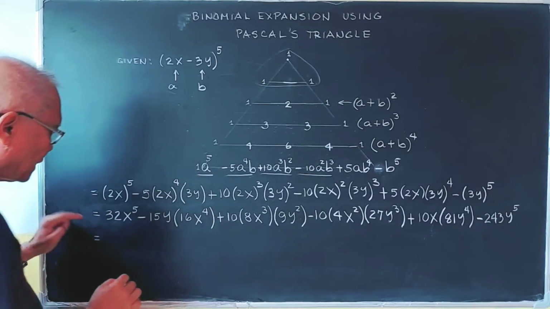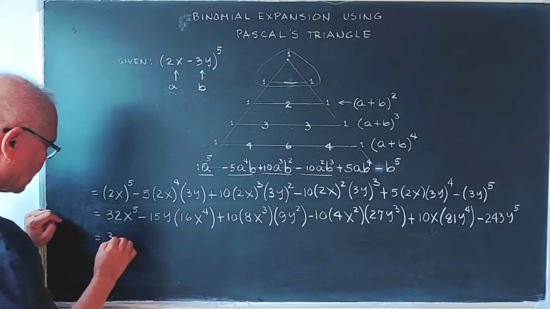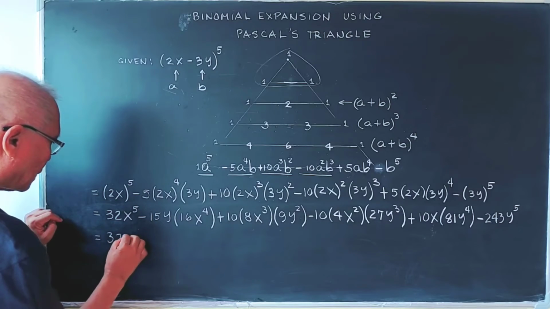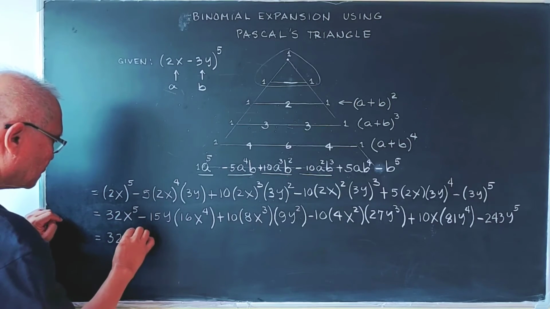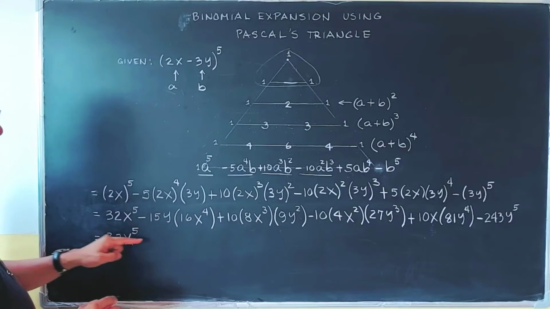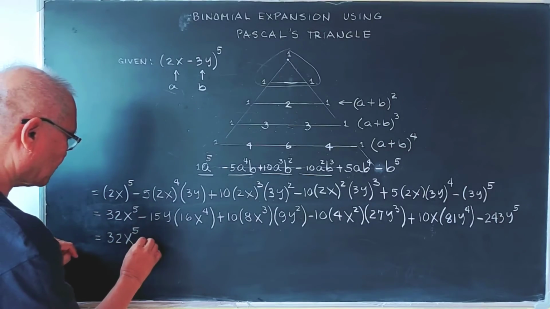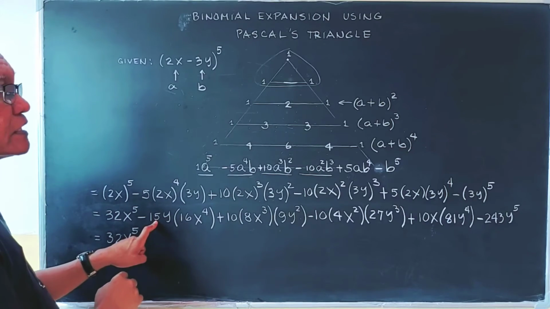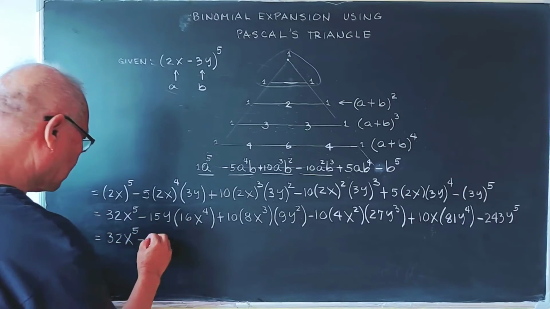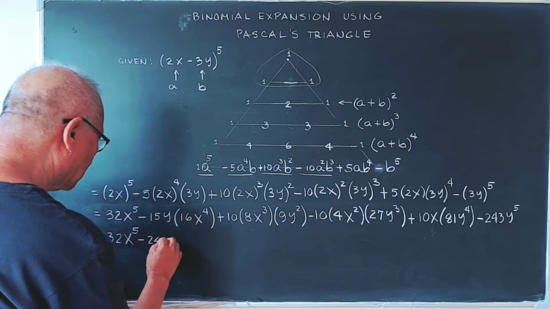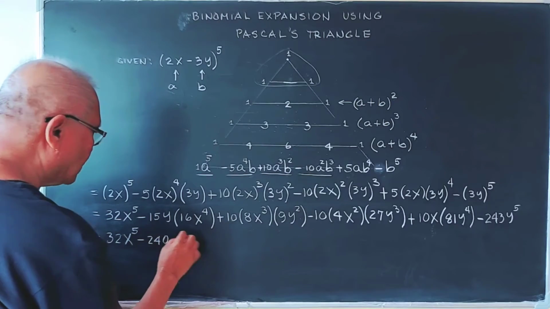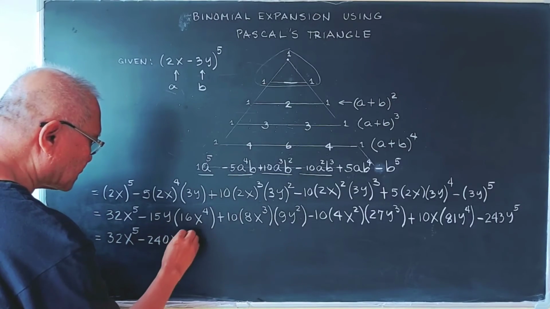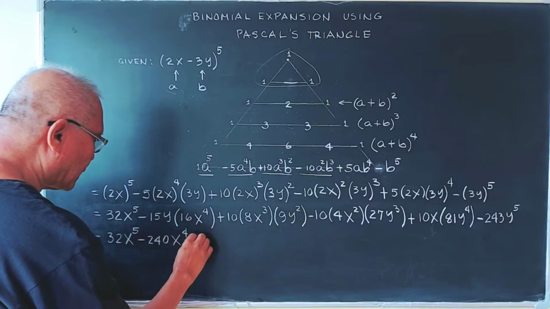Equals 32 is still 32 x to the 5th. Minus, it's minus. So 15 times 16 is 240. 240, let us first have the x and then y.